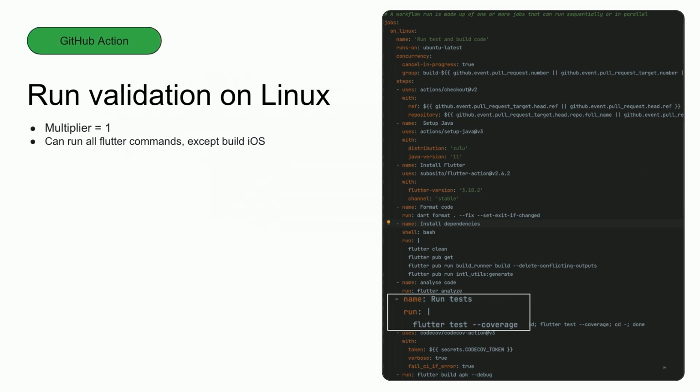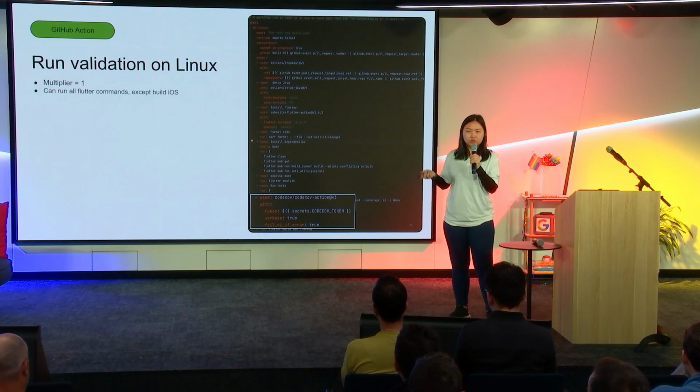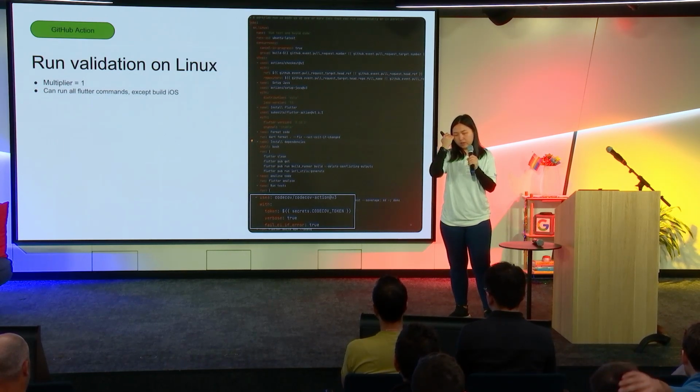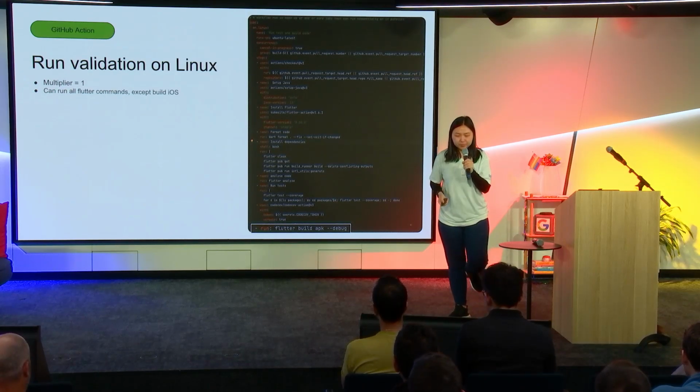Right now the test runs 15 minutes. Imagine 15 minutes on Mac OS, that will be 150 minutes. And code coverage, I use this one to ensure the code coverage for our project. It does not take much time, but because I don't want to run it on Mac OS, let's put it here. And finally, build the APK.